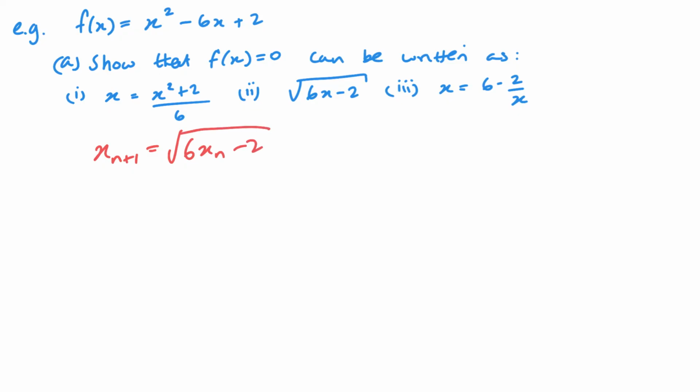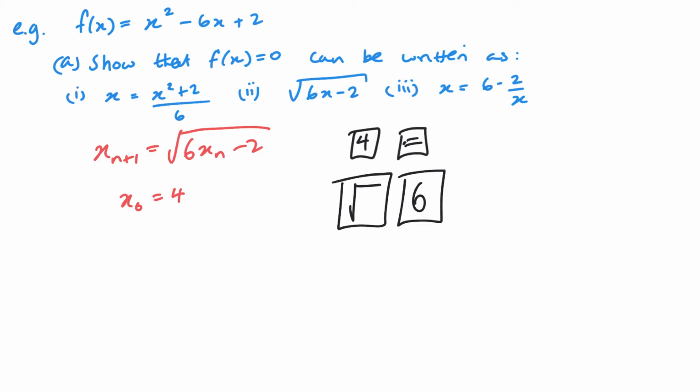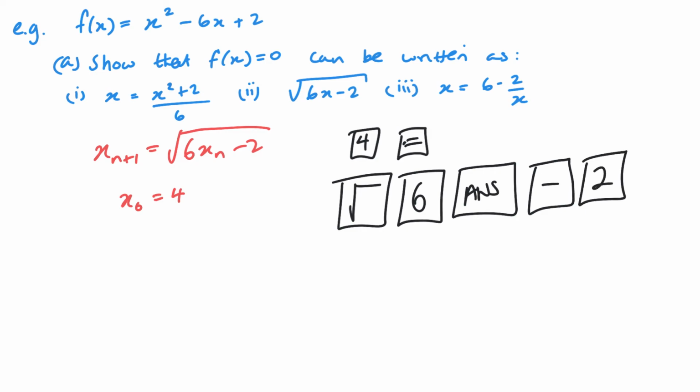So again, now substituting my x0 equals 4 into this. So remember, you put 4 and then equals, and then of course you set it up as you see it. So square root button, 6, answer for x minus 2.